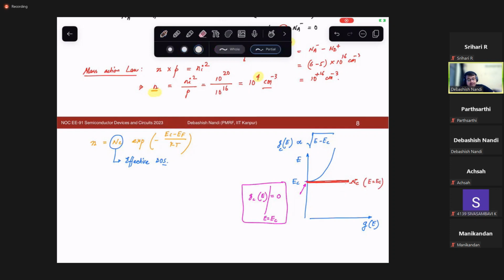This is just a mathematical manipulation of the effective density of states. My question is why do we do that, when I know that at the conduction band edge my density of states is 0?